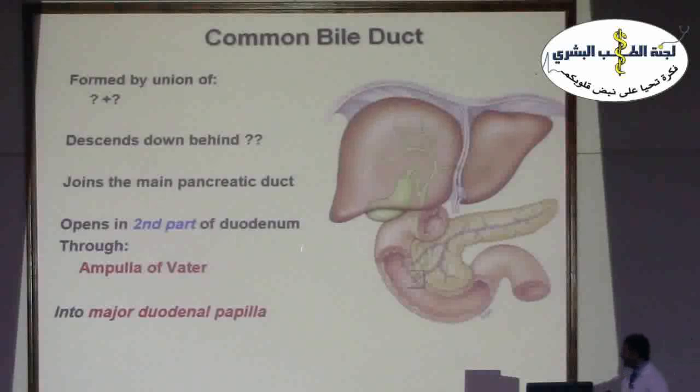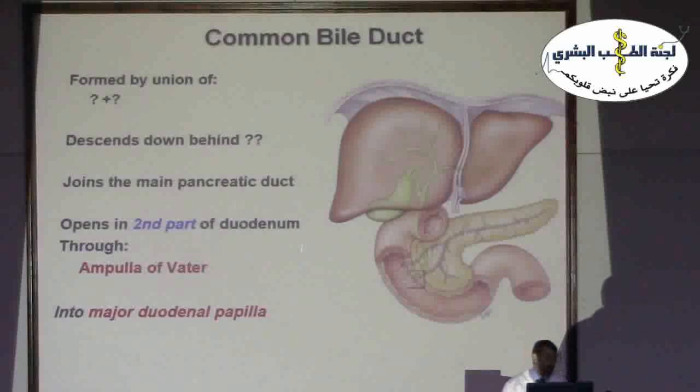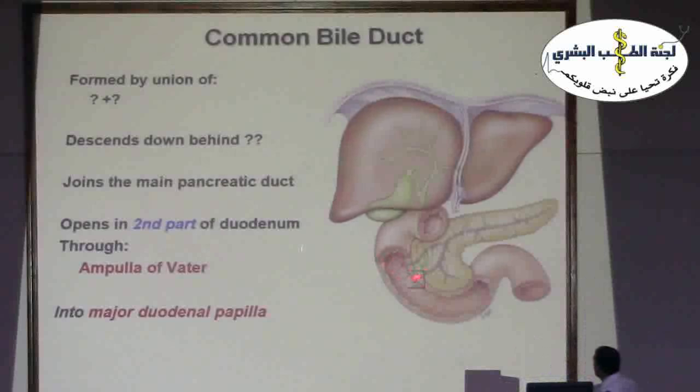As it joins the main pancreatic duct now, you see here, it will become the ampulla of Vater, or ampulla of Vater, whatever name you like. And the ampulla of Vater will open in the second part of the duodenum.